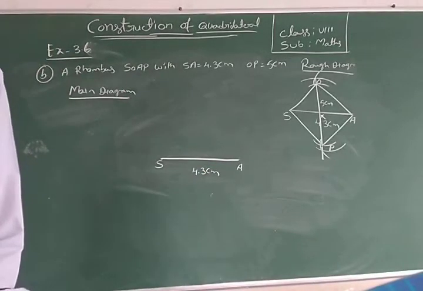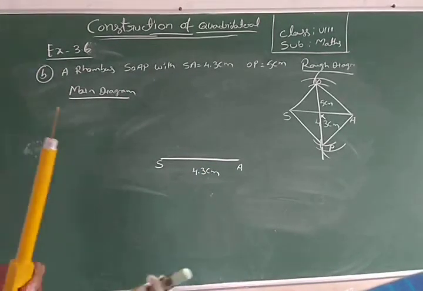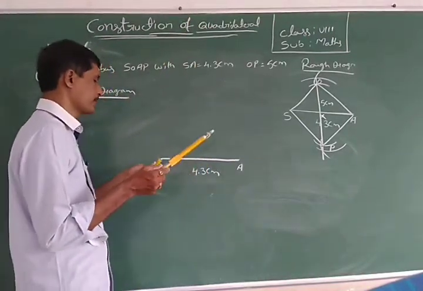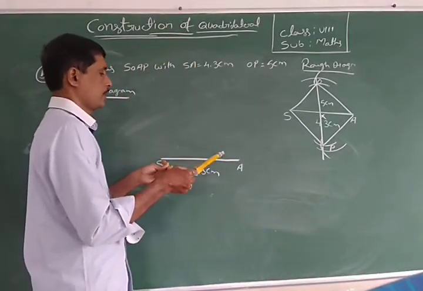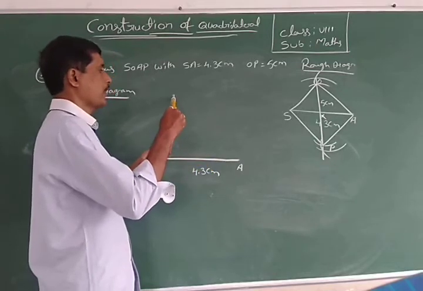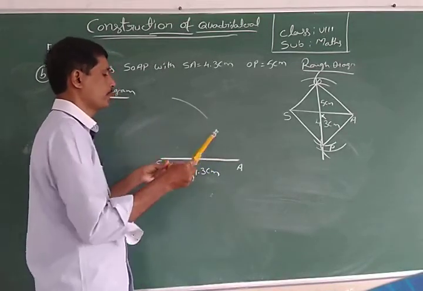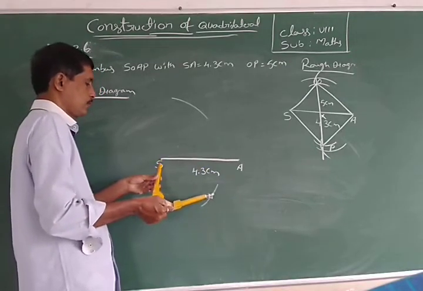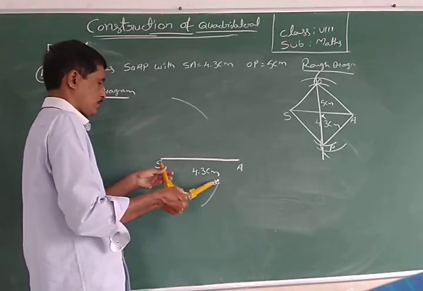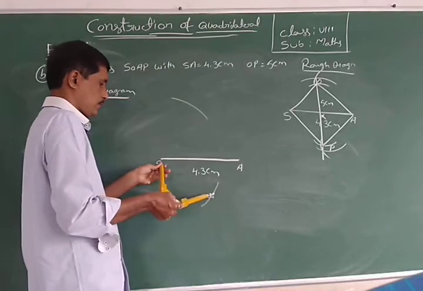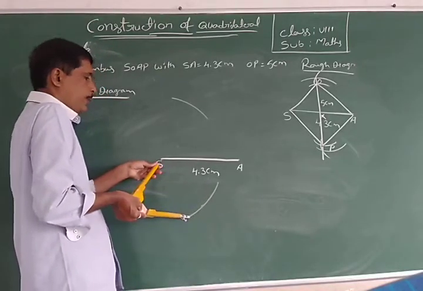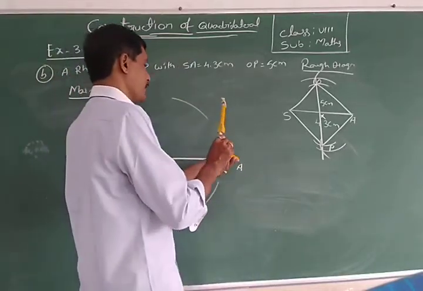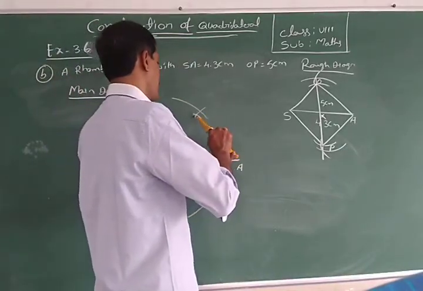Next, using the compass, more than half of the distance, draw one arc up and down. Same radius, there is no change. Take A at the center, draw the arc up.